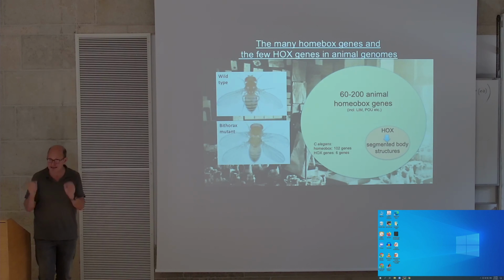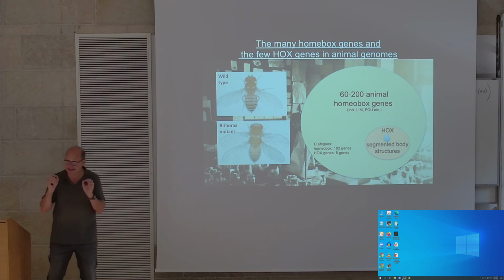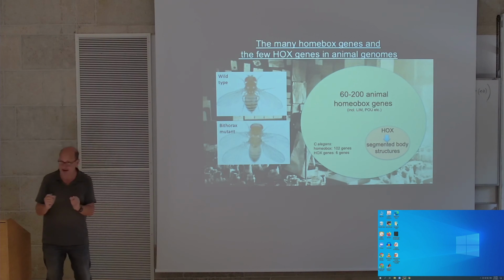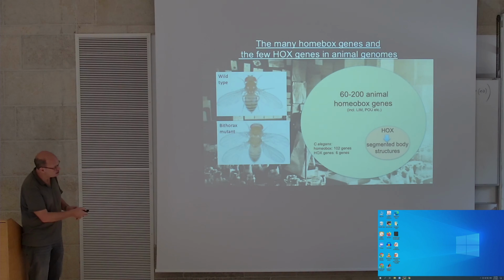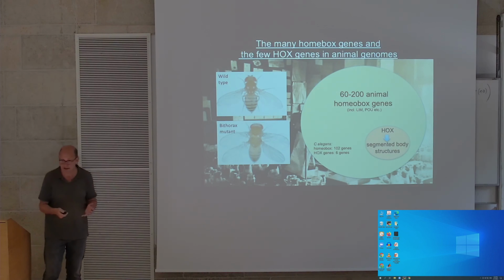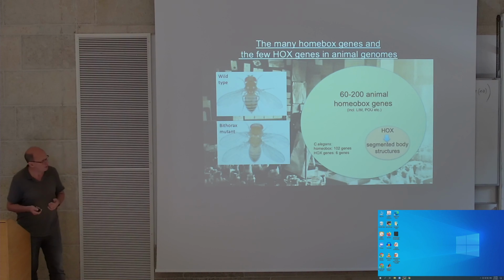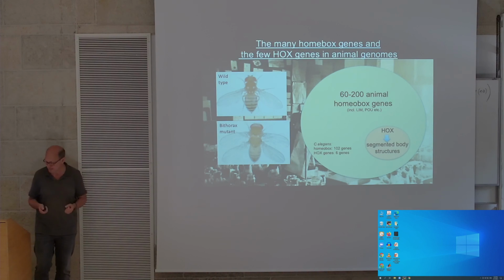But I want to point out that this is a very specialized and in fact derived class of genes. Derived meaning this is not their ancestral function to do something along the anterior-posterior axis. They're actually just a small part of a much larger family of these transcription factors. Animal genomes have on the order of 60 to 200 or so Homeobox genes encoded in their genome.